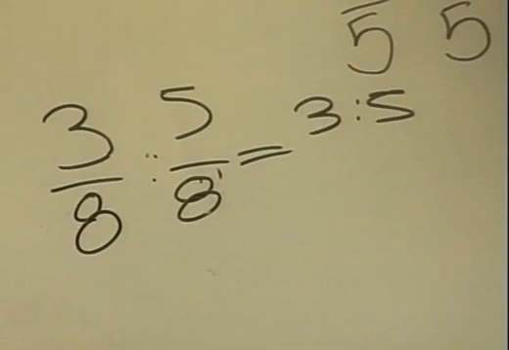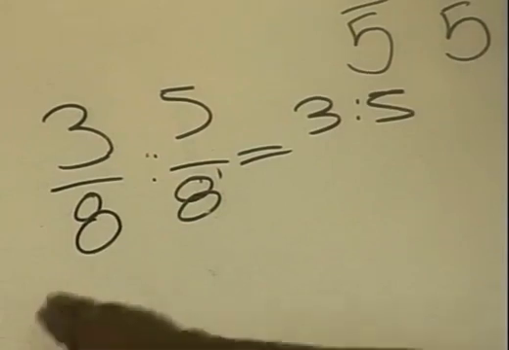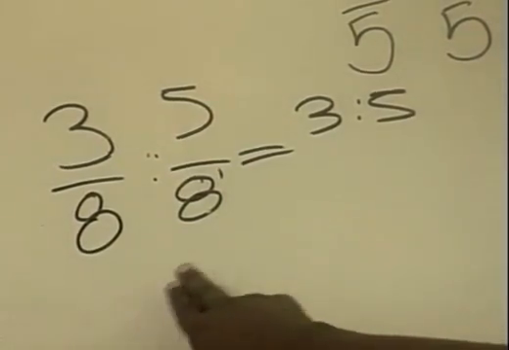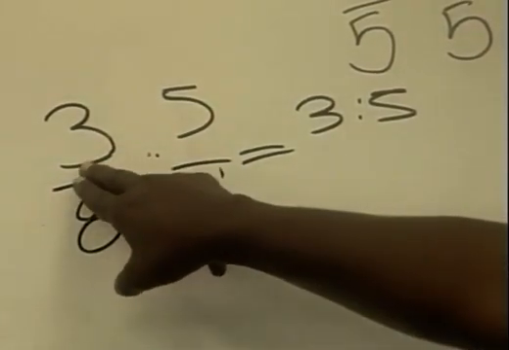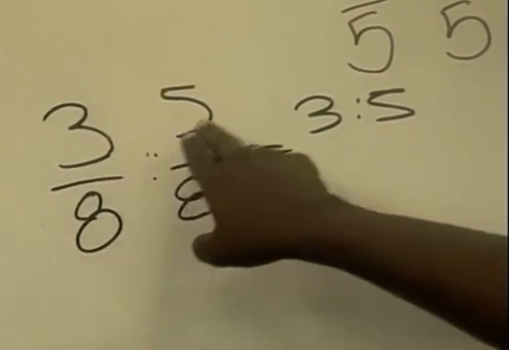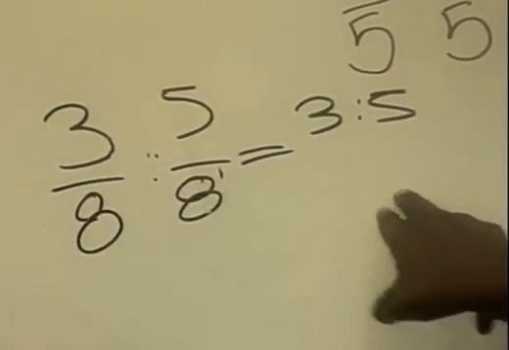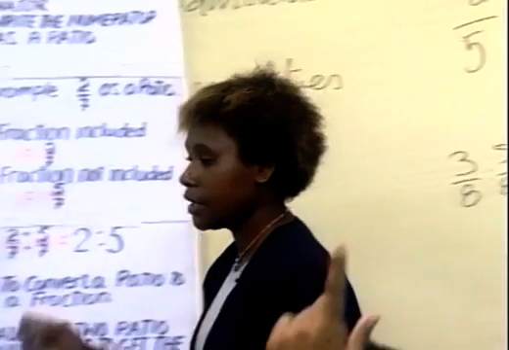We are to find the fraction that is not included, which is 5/8. If we are to add 3 and 5, we should come up with the whole number, which is 8/8. Denominators are the same. We take our numerators as our ratio. Put your hand up if you got your answer as 3:5. Correct?